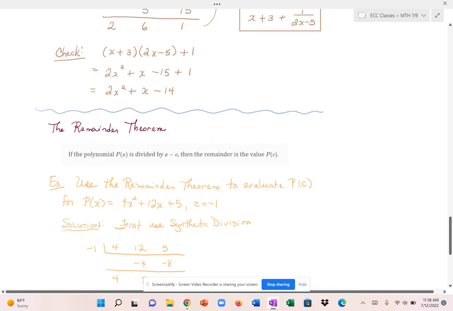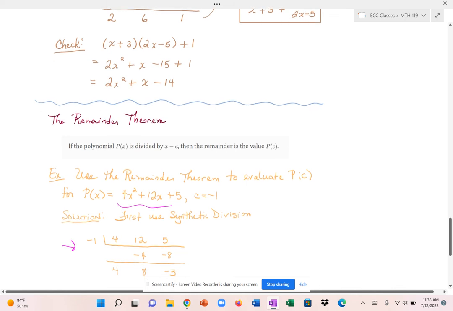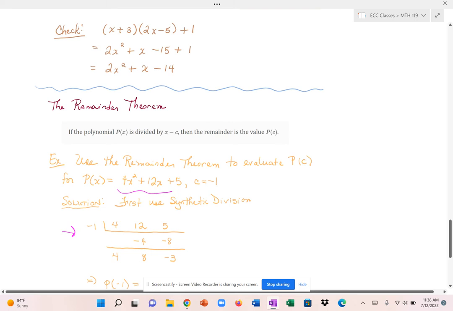So we want to use the remainder theorem to evaluate p of c, where p of x is equal to 4x squared plus 12x plus 5, and c is equal to negative 1. So if I can figure out what the remainder is when I divide this expression by negative 1, then I'll be able to answer the question. So I write 4, 12, and 5 inside of the bar.